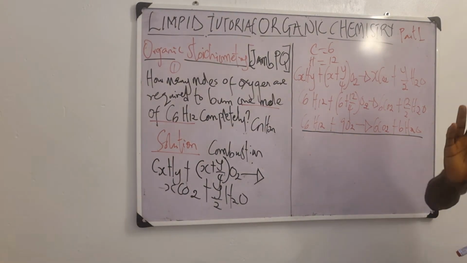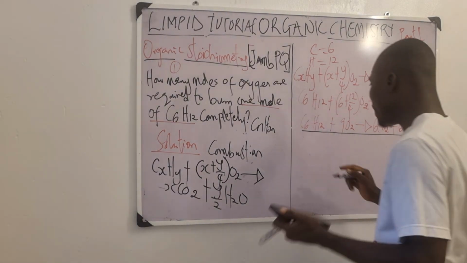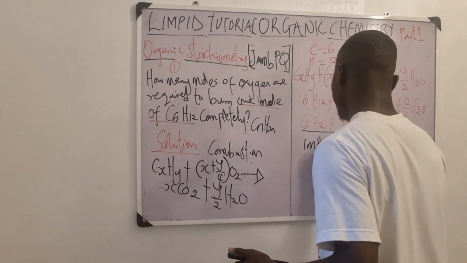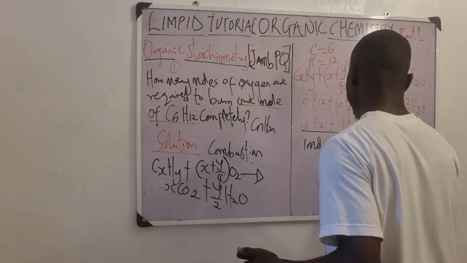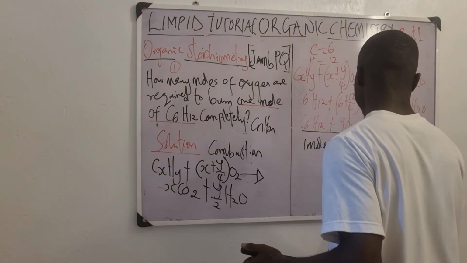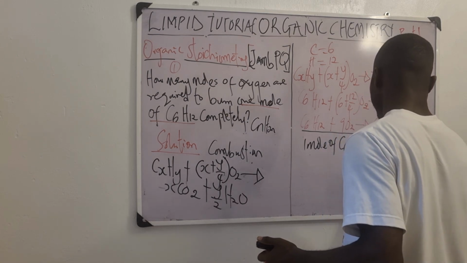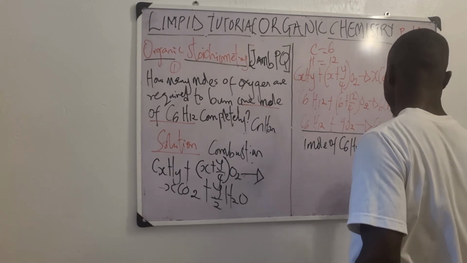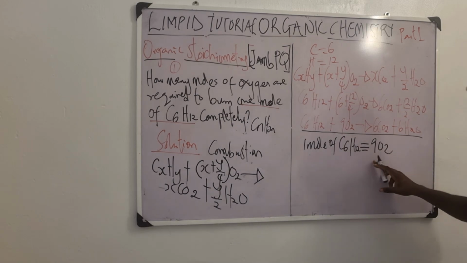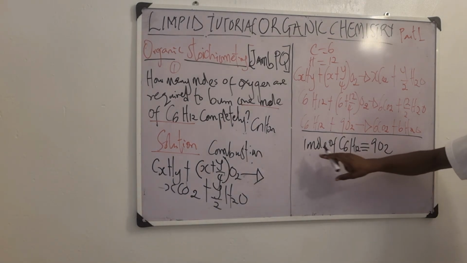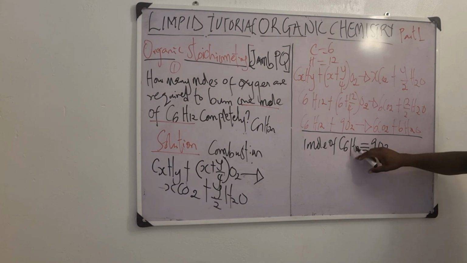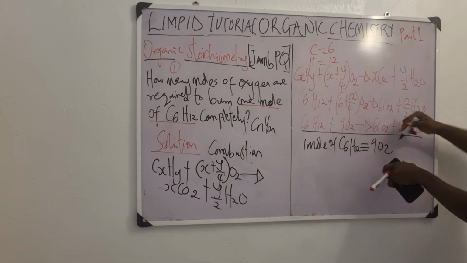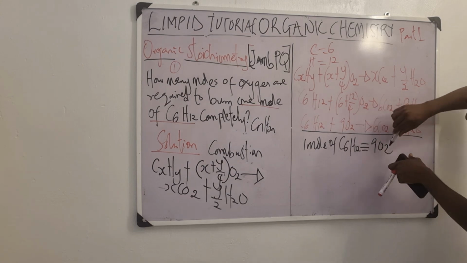Remember that 1 mole of C6H12 will be equivalent to 9 moles of oxygen. Are you getting me, friends? It means that 1 mole of C6H12 will yield the same thing as 9 moles of oxygen.